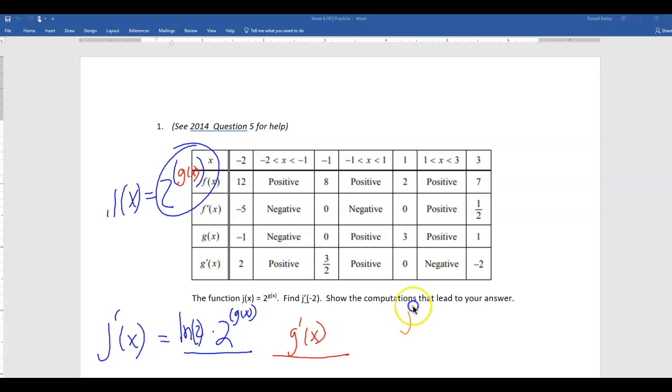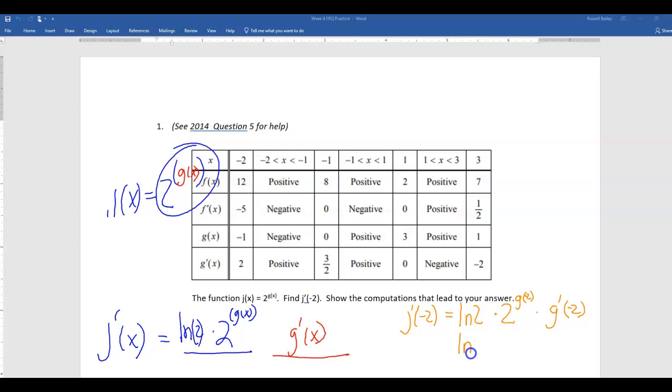So we have j prime of negative 2 now. So that's going to be ln of 2 times 2 raised to the power of g of negative 2 times g prime of negative 2. All I've done is I've replaced the x's with negative 2.